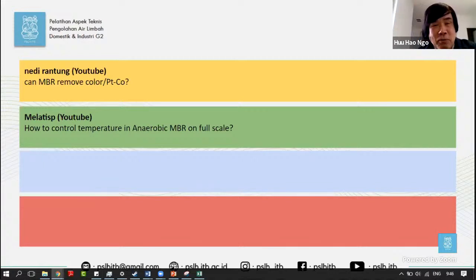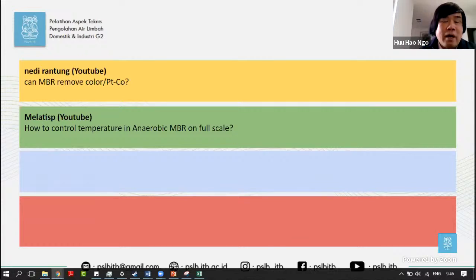But there is one thing you need to play around with, because when we talk about color, if I were you, I would add biochar inside the MBR reactor. I can use biochar or activated carbon to add into the MBR.